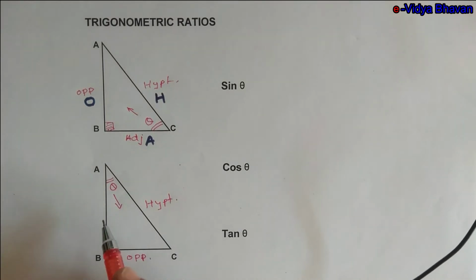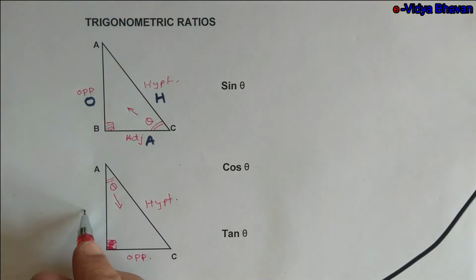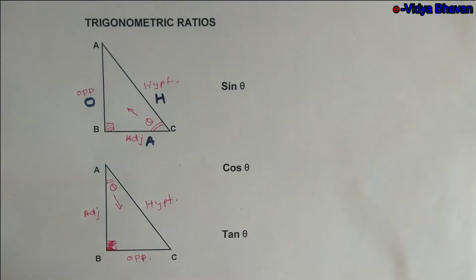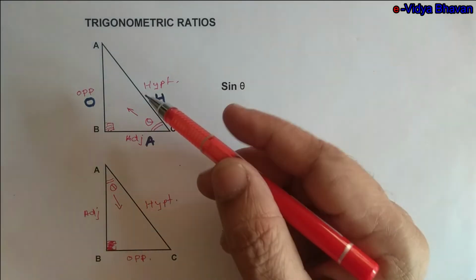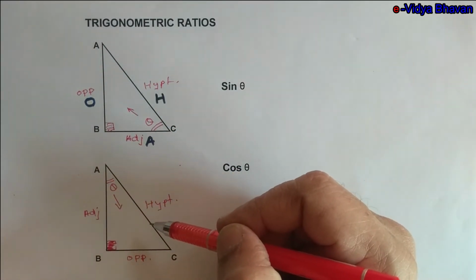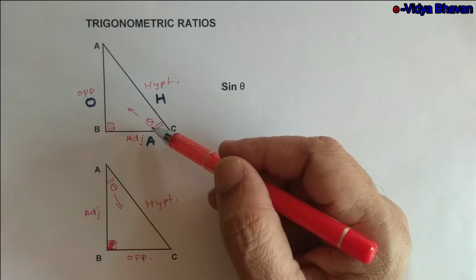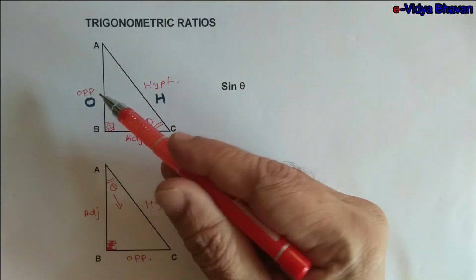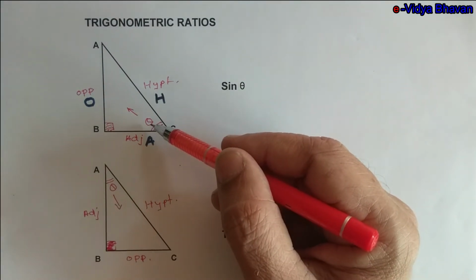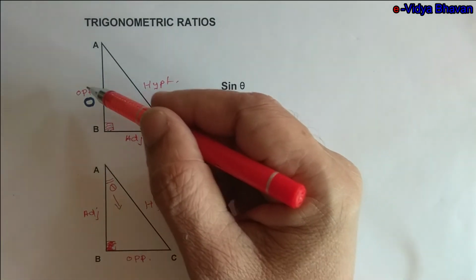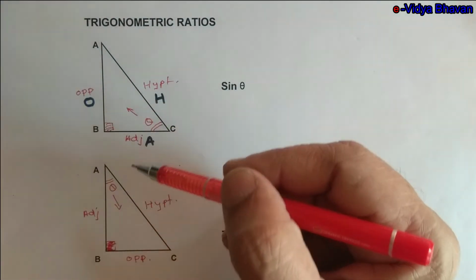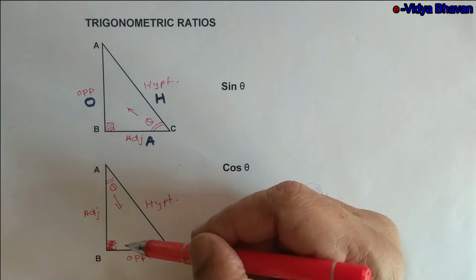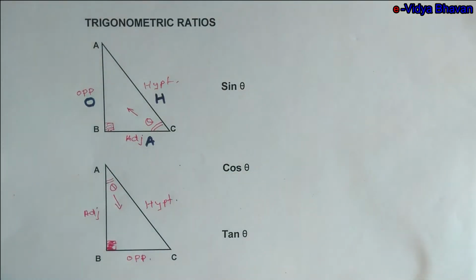The remaining side, that is AB, we will call adjacent. The reason for explaining the second diagram was that your hypotenuse always remains the same; only if you change the position of theta, the angle which you are considering, the opposite and adjacent will change. In this case, the opposite is here and adjacent is here. If the angle is here, then the opposite is here and adjacent is here.